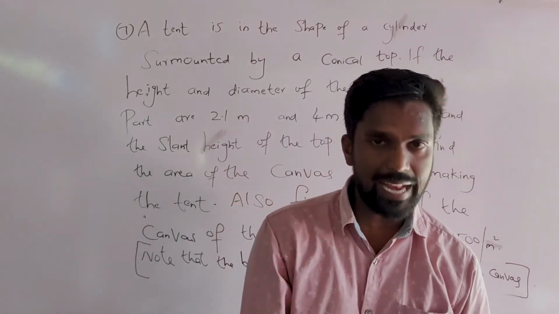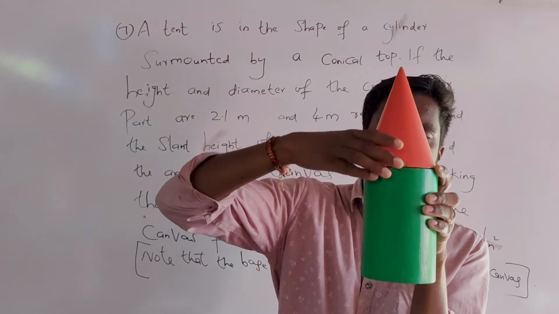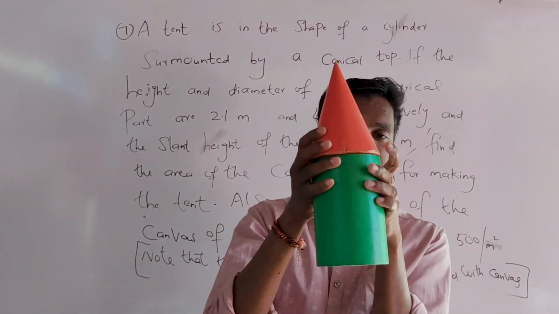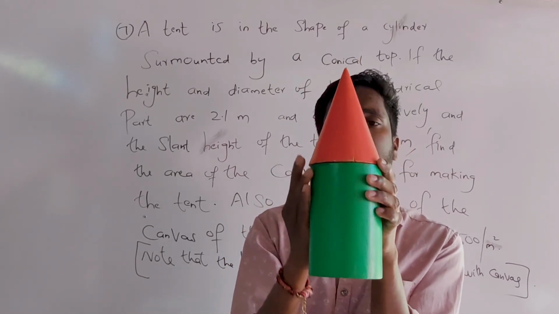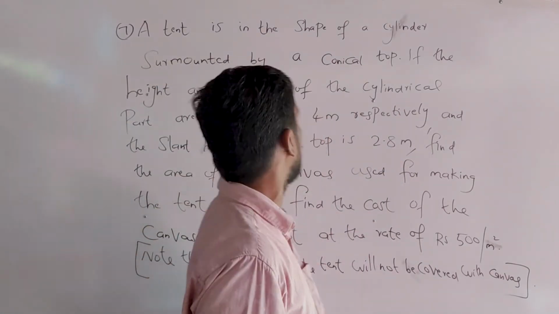That means tent means a cylinder. On the top, a cone is there. This is the tent. That means one cone is there on the top.